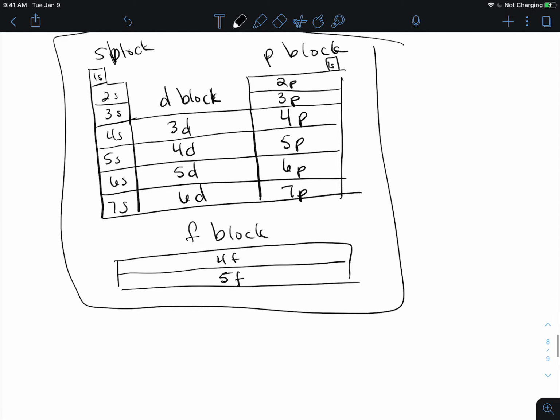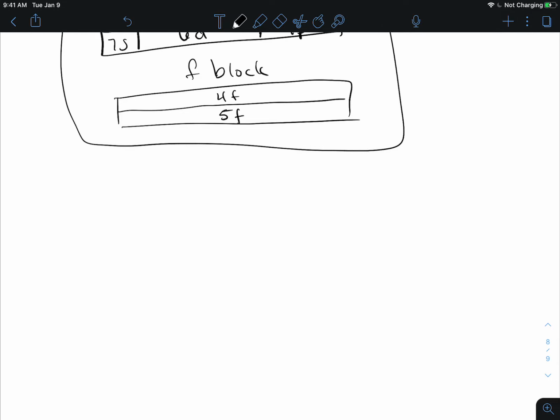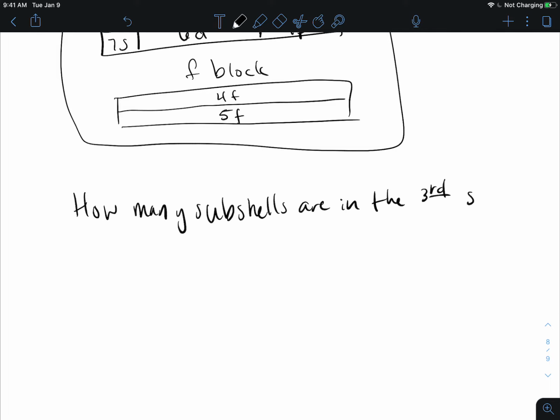Okay, so last part of this, let's do an example. How many subshells are in the third shell of an atom? And we want to label the subshells.